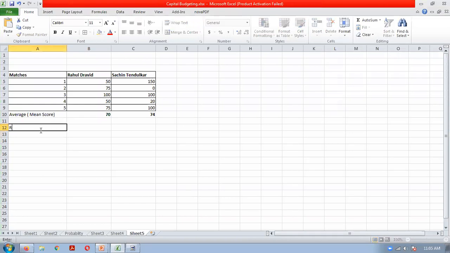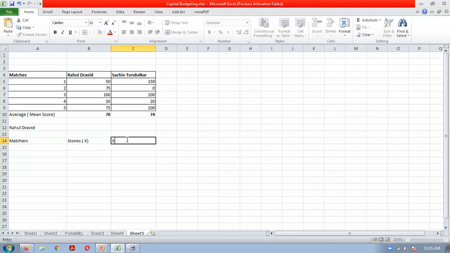So let us calculate the standard deviation for the first player. To calculate standard deviation, you will have to take the scores, which we will call x.